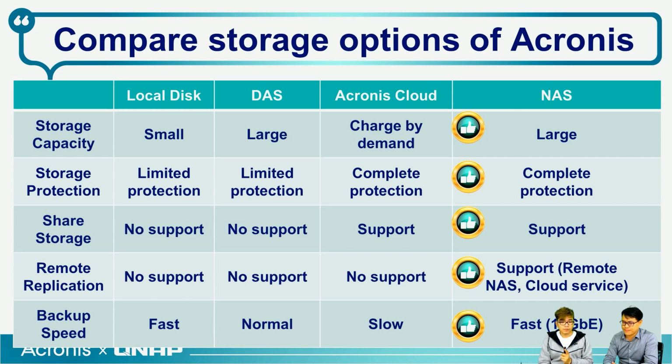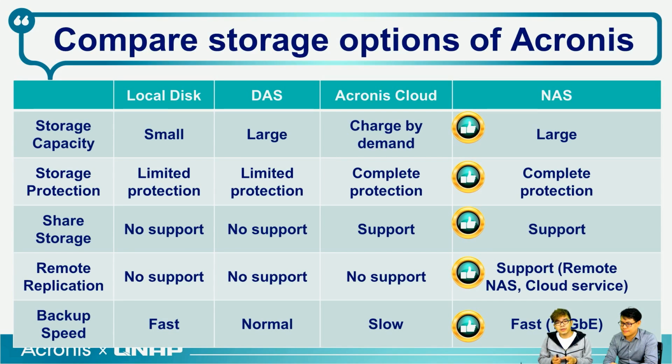Then we will talk about backup speed, which is a very important thing, because the bandwidth requirement has been getting bigger and bigger, from 100 megabit to 1 gigabit to 2.5 to 5. But now only QNAP NAS can provide you as fast as 10 gigabit Ethernet.